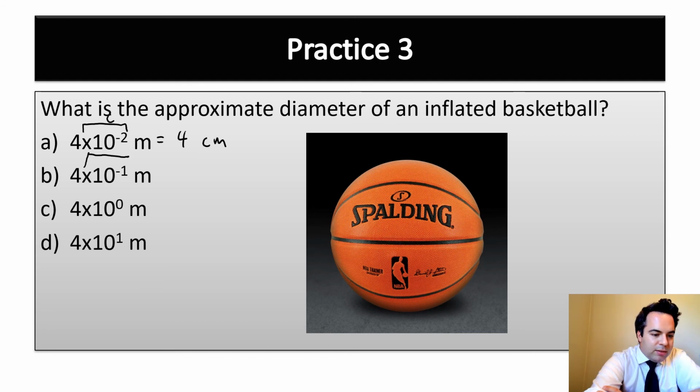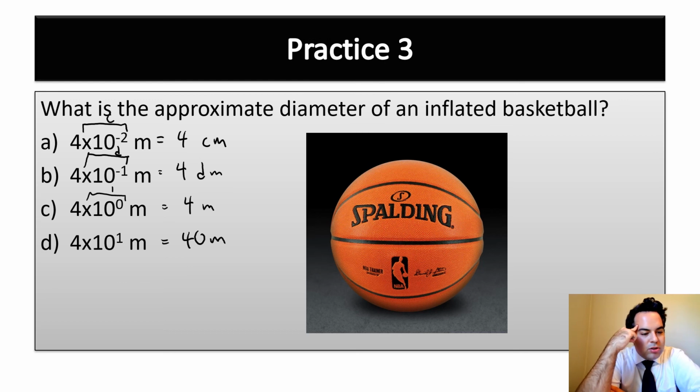Replace this with the prefix D for deci, and you get 4 decimeters. This is just 1, so this is equal to 4 times 1, 4 meters. And then 4 times 10 to the 1 is like 10, so is equal to 40. I keep that as 40 meters, okay?